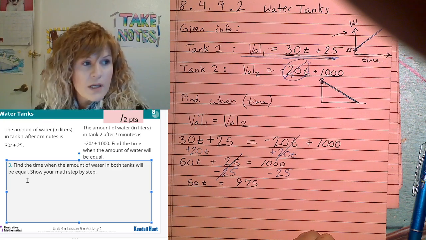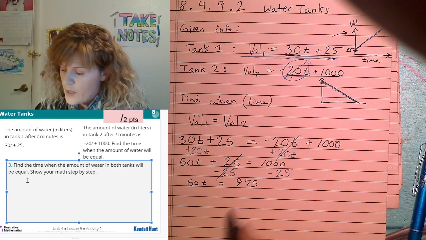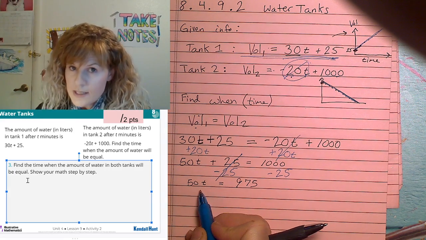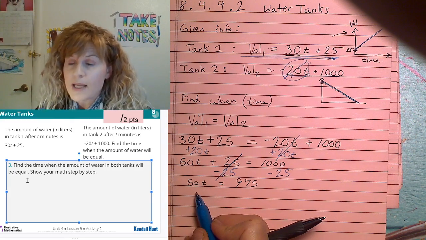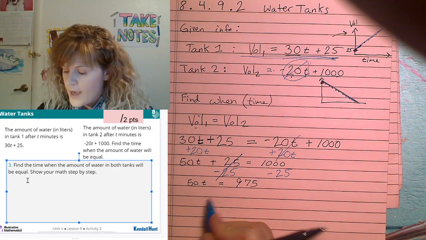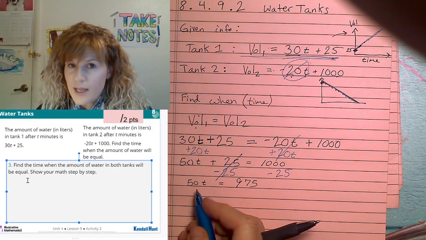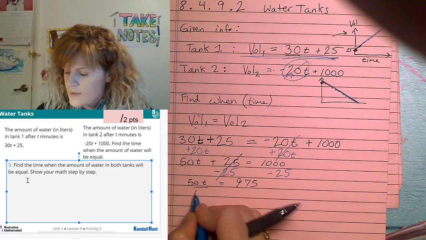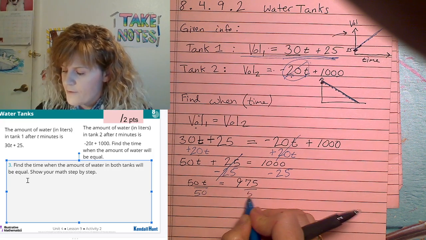Make sure you're following along on your paper. Okay, finally, I still have not isolated the T because it's being multiplied by the number 50. I have to undo this multiplication using division. So I'll divide both sides by 50.